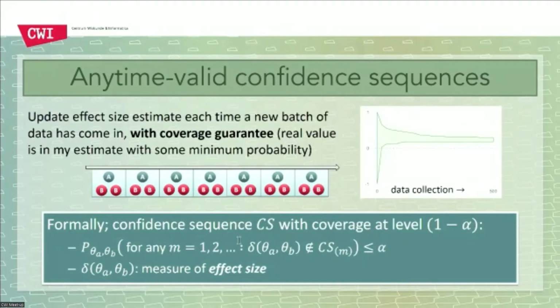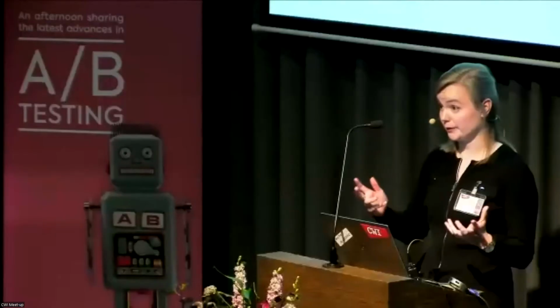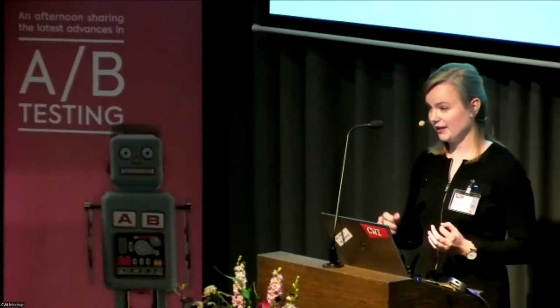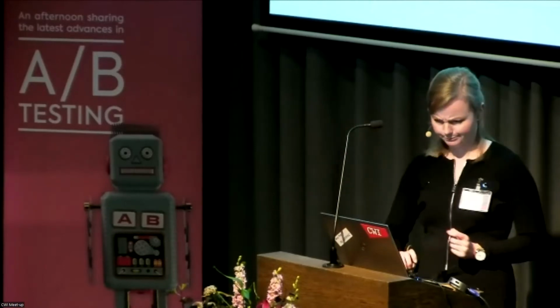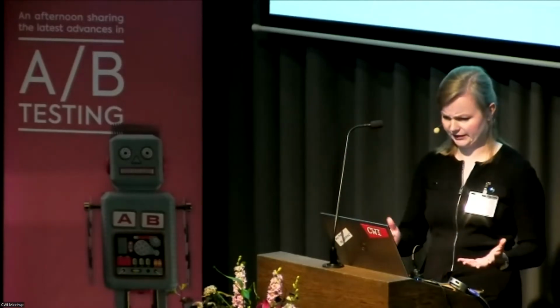We want to construct anytime valid confidence sequences that are valid at any time during our data collection. So we want to update our effect size estimates each time a new batch of data has come in. And we want to be quite sure that the real value of the effect size is somewhere in our interval, such that we do not miss it.